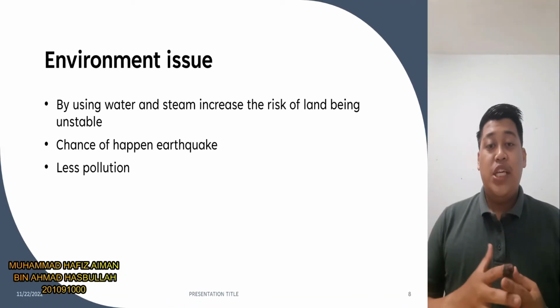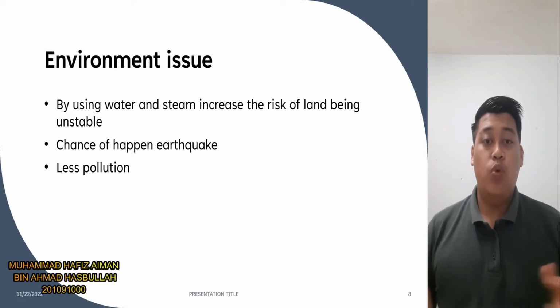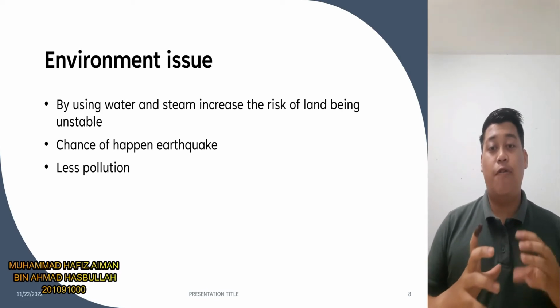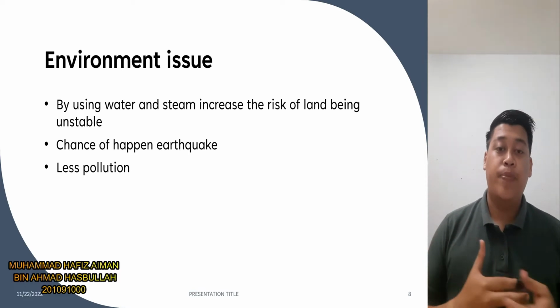So the environmental issue is when we use water and steam from within the earth, which increases the risk of land being unstable near a volcano or hotspot.